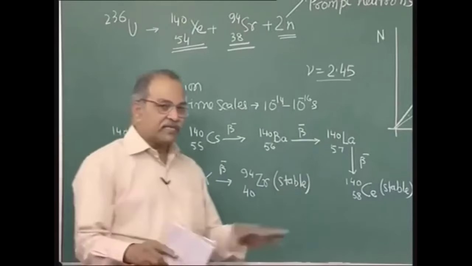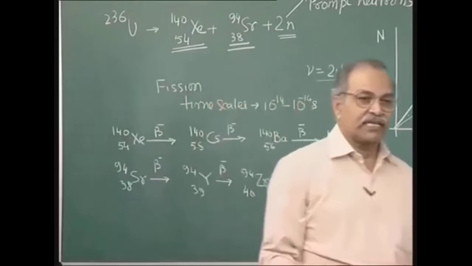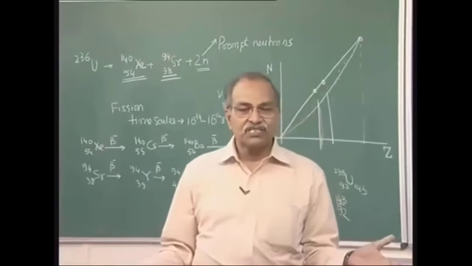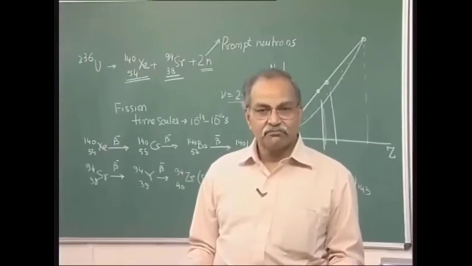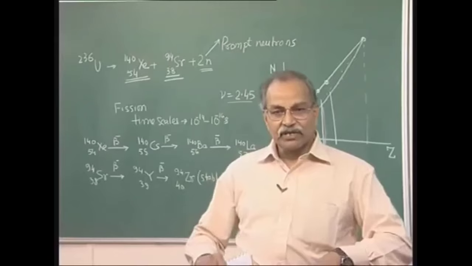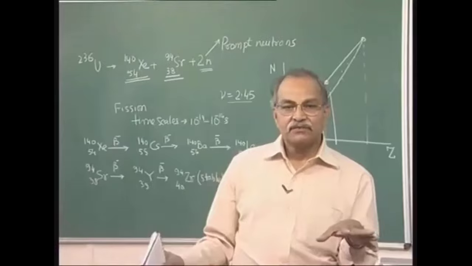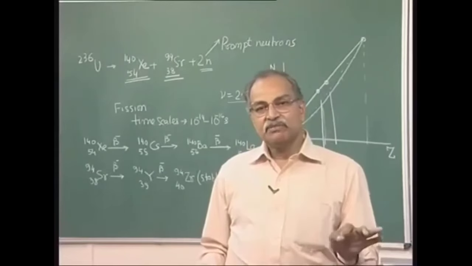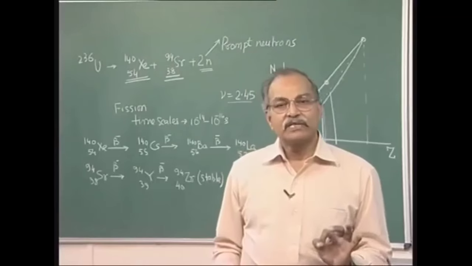So, the fragments in this fission first emit a few neutrons to reduce their neutron number, and after that neutron emission becomes energetically unfavorable, and then neutrons convert into protons, emitting beta particles, to get to stability.